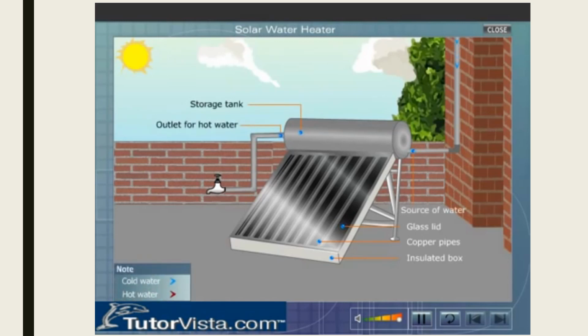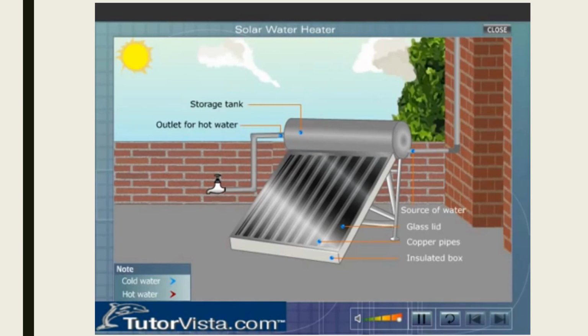The cold water enters the storage tank from the bottom and flows into the copper tubes. The infrared radiations from the sun get trapped inside the box. As a result, water inside the copper pipes gets heated up, becomes lighter. The heavier cold water from the storage tank, which is at a relatively lower temperature, flows down into the copper pipes, and the hot water, that is lighter, flows into the storage tank.